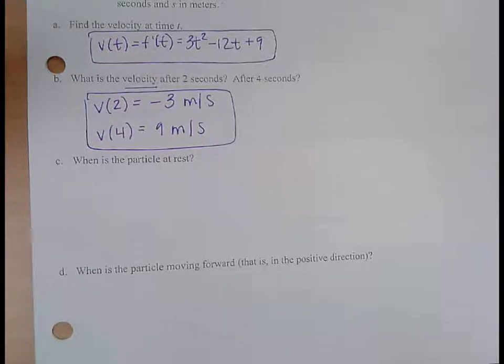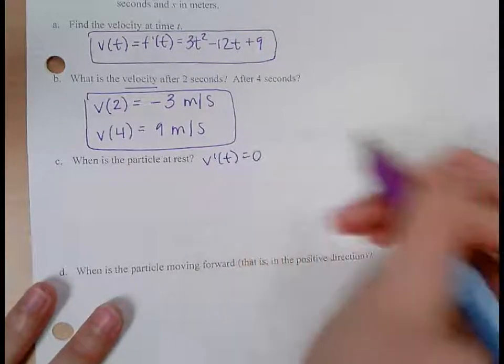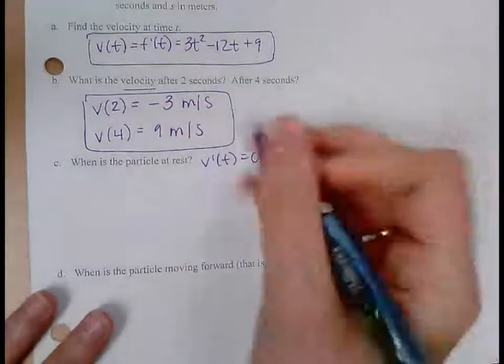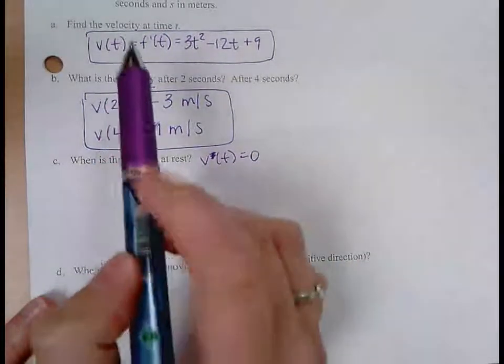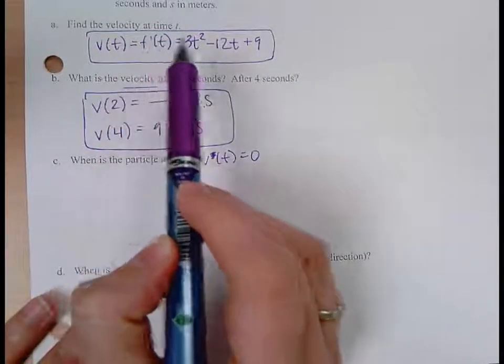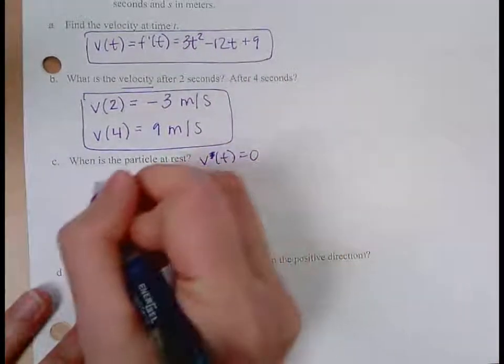The slope is 0, the velocity is 0. So V of t, which is f prime, is 0. So you set the velocity function equal to 0.